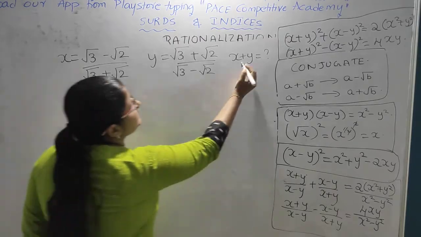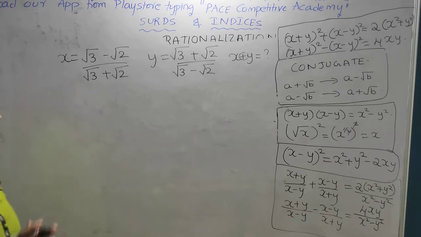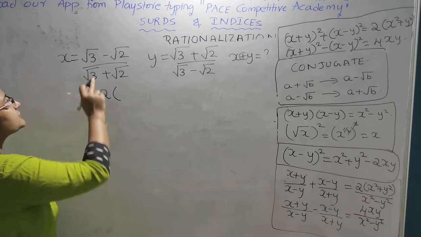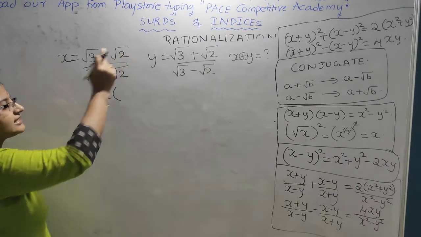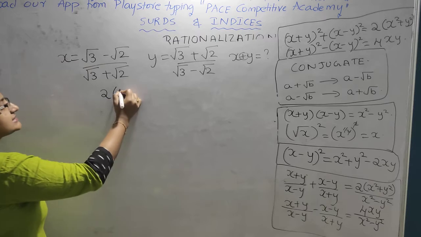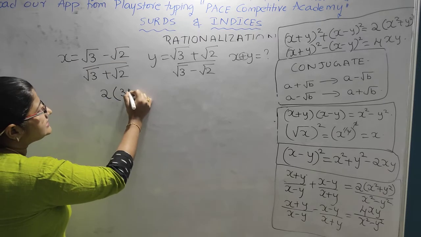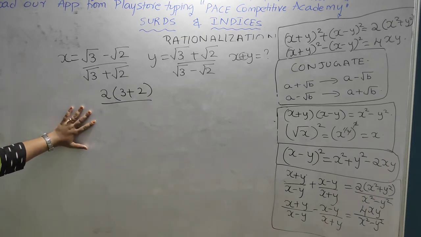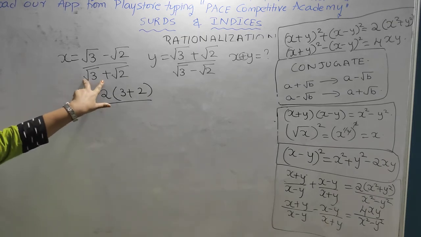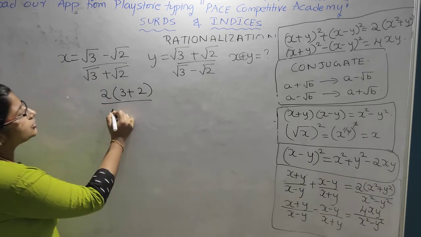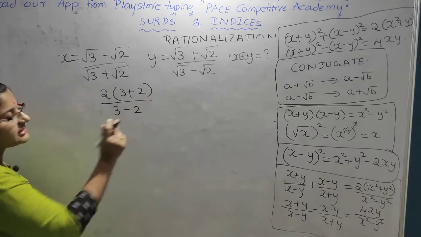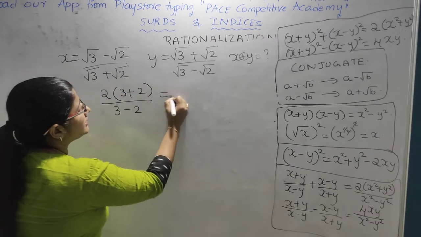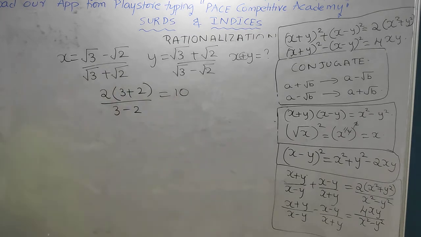If addition is asked, then you get the numerator as 2 into (x square plus y square). Here x is root 3 and y is root 2. Root 3 square is 3, root 2 square is 2, divided by, always, the denominator of the form x square minus y square: 3 minus 2 is 1, 3 plus 2 is 5, 5 twos are 10. 10 divided by 1 is 10.